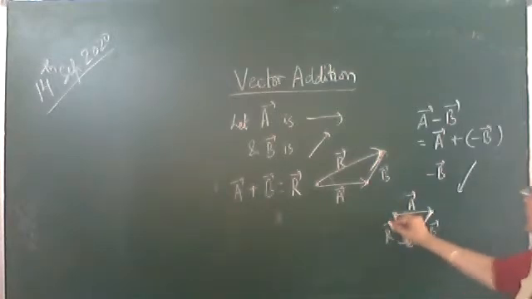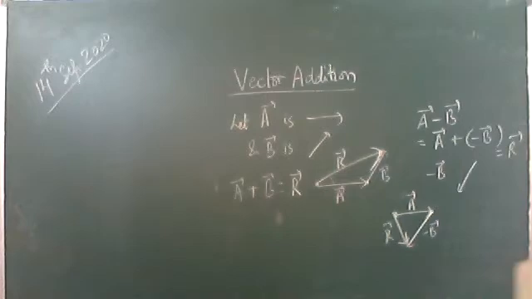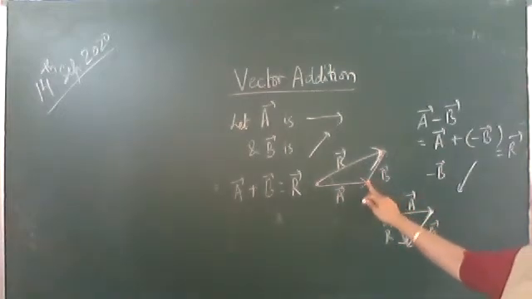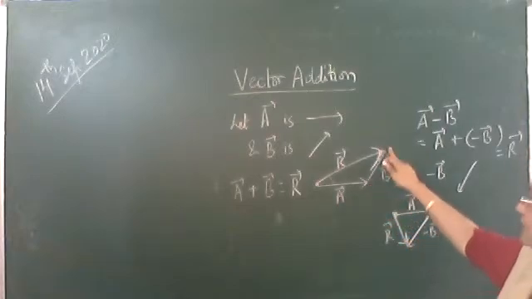This resultant vector gives A minus B vector. So in this way you subtract two vectors by drawing. Simply draw it and understand. From the head of the first vector, join the tail of the second vector.